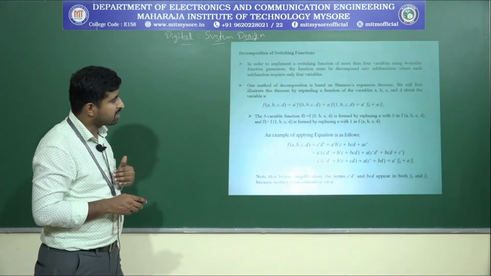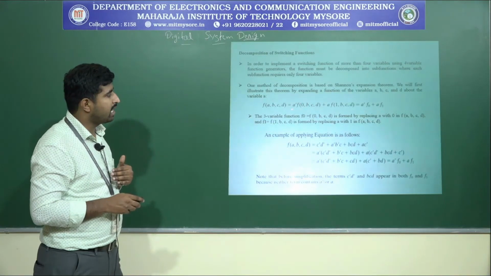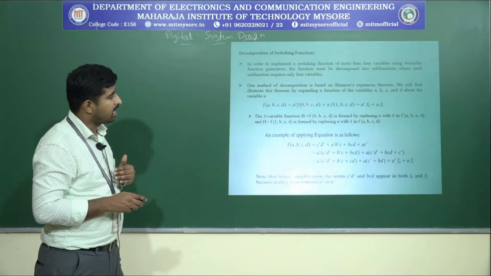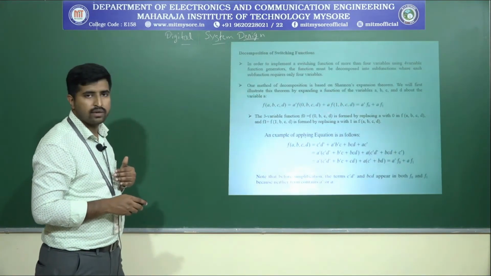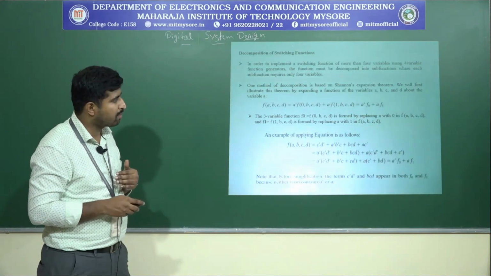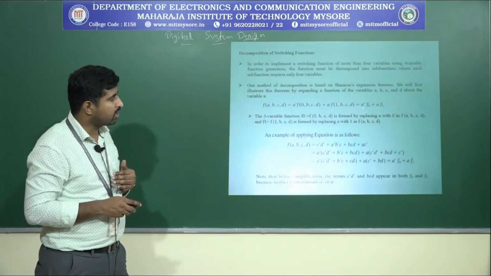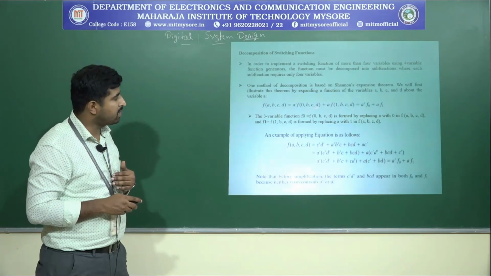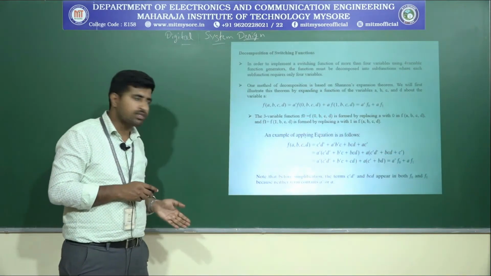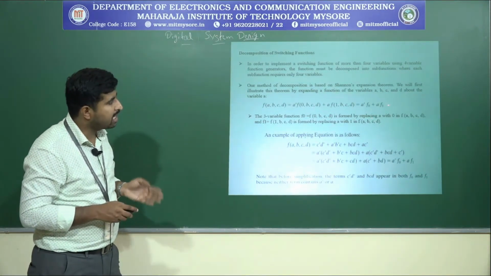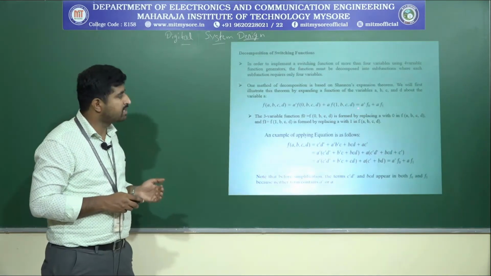The remaining functions consist of only b, c, d, where a is considered as 0 once and then a is considered as 1. So that will be a bar f0 plus a f1, where f0 is a 3 variable function of b, c, d with a equals 0, and similarly f1 is a 3 variable function of b, c, d with a equals 1.